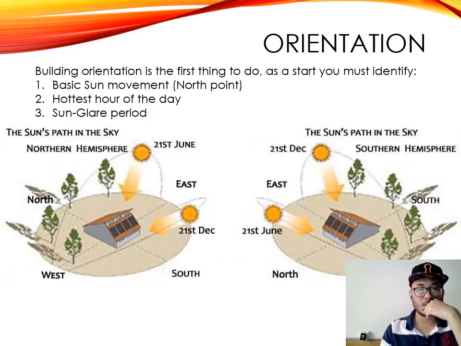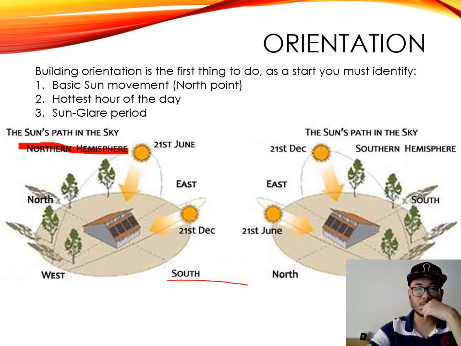Okay, so this diagram shows two things. Number one is the northern hemisphere area, where the sun is most of the time on the south.